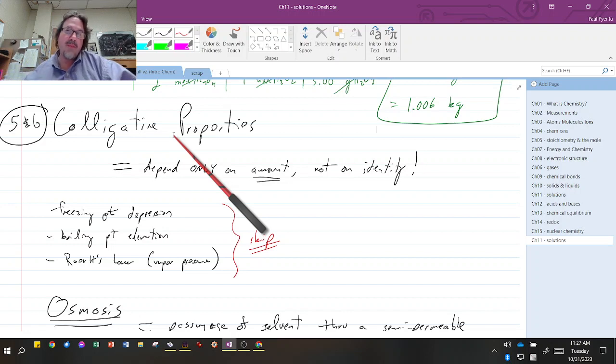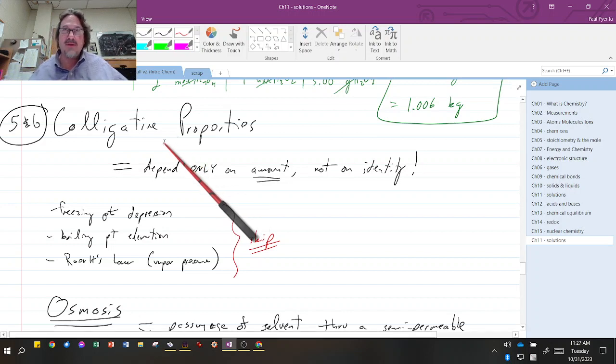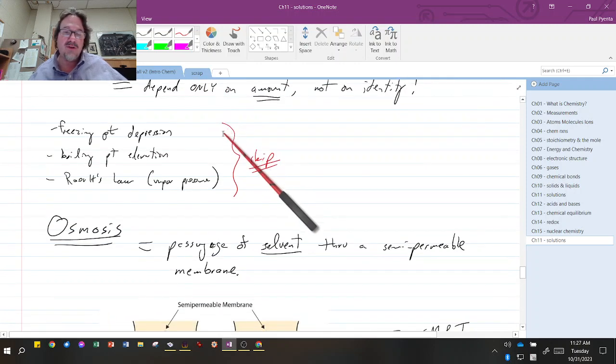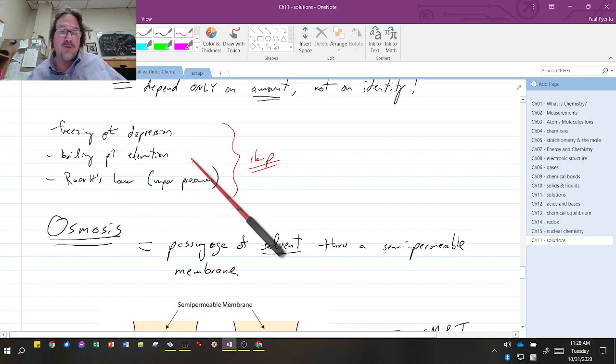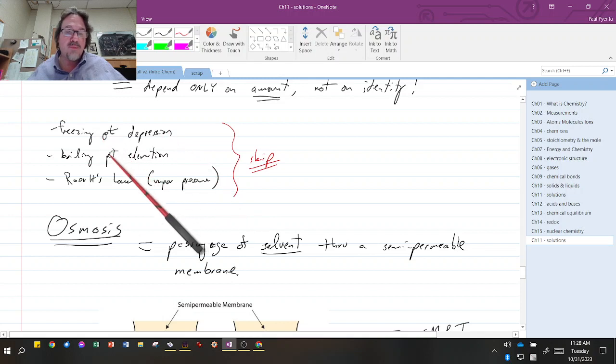Now, there are 4 basic colligative properties that people will typically use. They go through those in this textbook too much. We're going to skip 3 of them. We're only going to talk about 1 of them. So, freezing point depression, boiling point elevation, and Raoult's law with vapor pressure. We've talked about freezing point and boiling point, and we've talked about vapor pressure, but with colligative properties, you can get those freezing points or boiling points to actually change, to go up or down slightly.